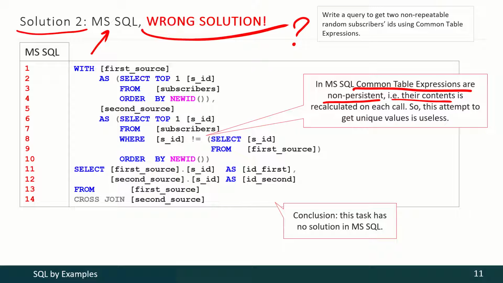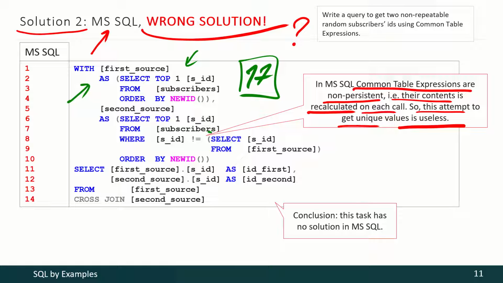Their contents is recalculated on each call, so this attempt to get unique values is useless. Here is how it works. Imagine that the first common table expression produces that 17 value. But this subquery activates another call of the first common table expression, so the value here will not be 17, it will be something other, like 19 for instance.